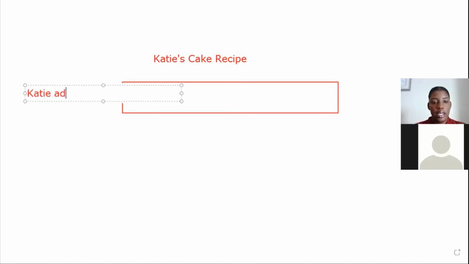Katie added 2 1/4 cups of flour, right? So Katie added 2 1/4 cups of flour. Fair enough? So that's what we're trying to represent first. So we can represent this as 1 of the whole.